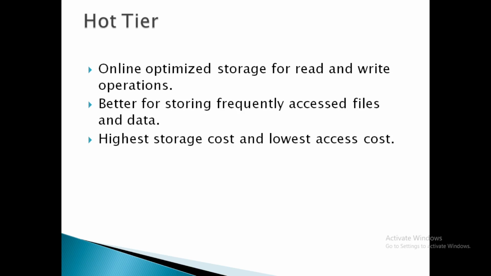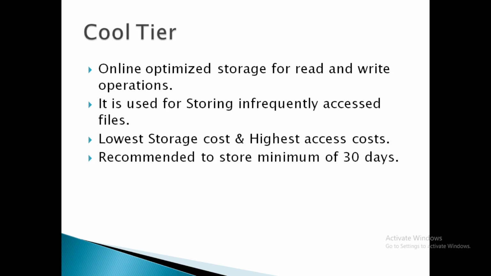Means if you create a container in the storage account and that container has files that you access frequently, then you will bear minimum cost, because access cost is very low, but for keeping that file for a long period of time it will charge you more. So you'll have to keep that in mind.